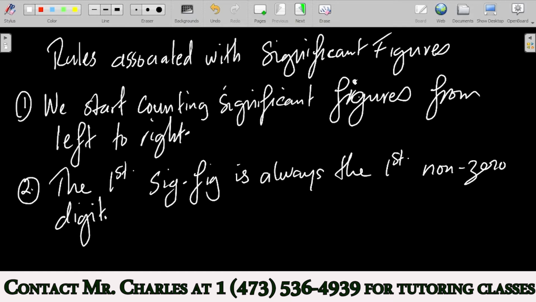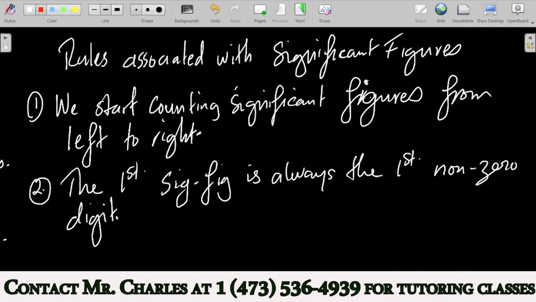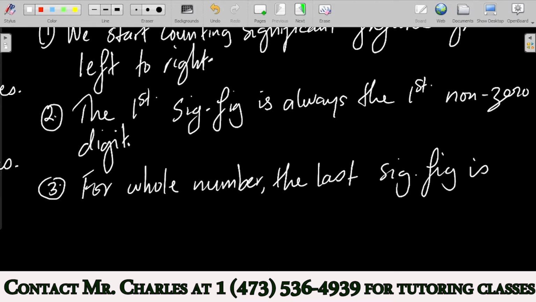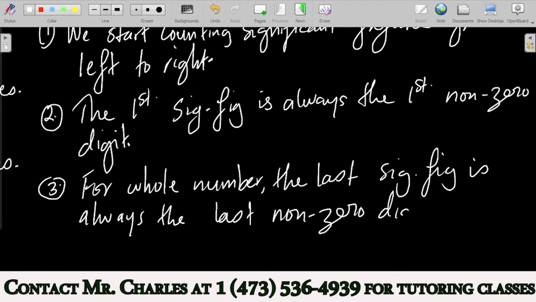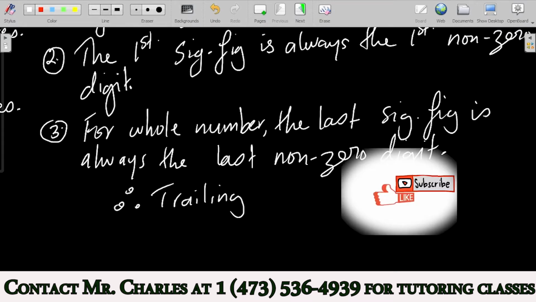Now, for whole numbers or numbers without a decimal point, the last significant figure is the last non-zero digit. So therefore, trailing zeros at the end or to the right of a whole number are not significant.